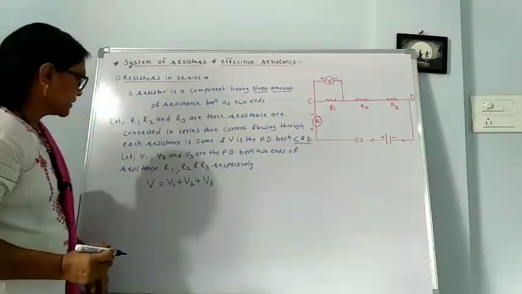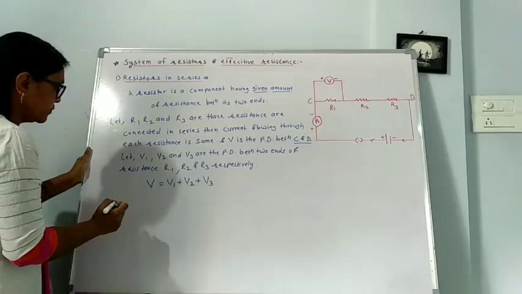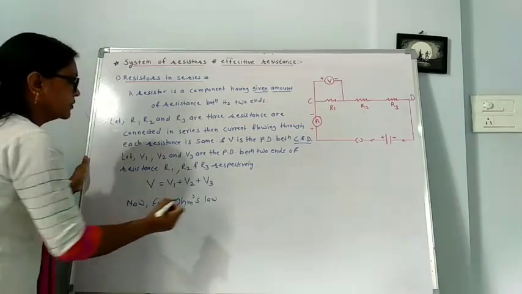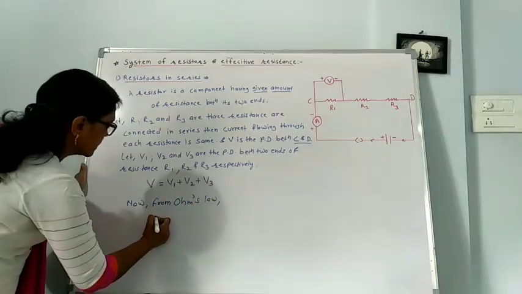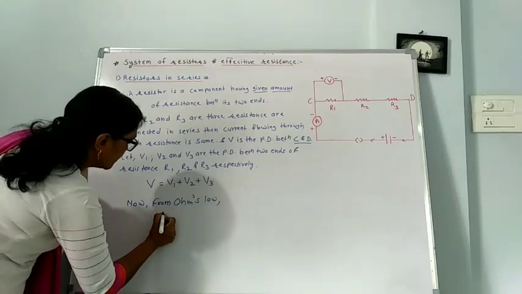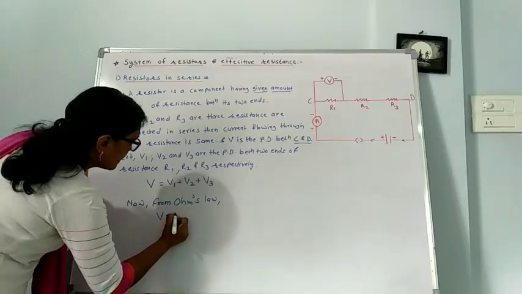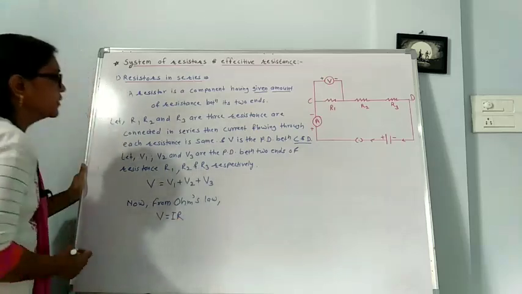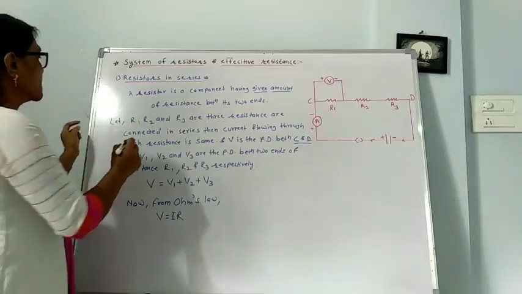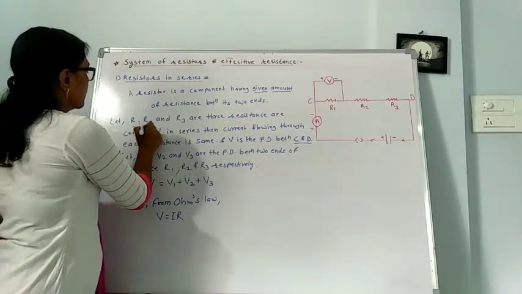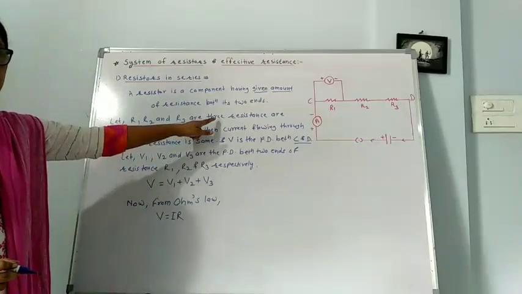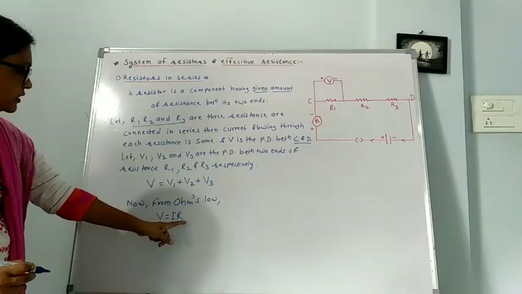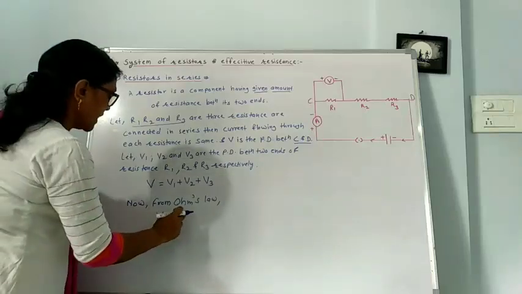Understood? Now from Ohm's law we know the equation of Ohm's law is V is equal to I R. But here resistances R1, R2 and R3 are connected in series, so the combined resistance is denoted by RS.